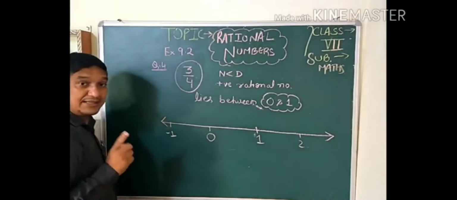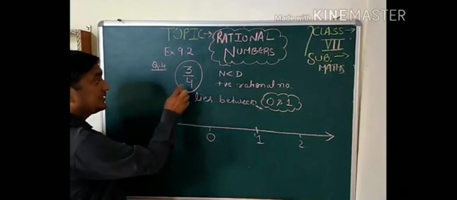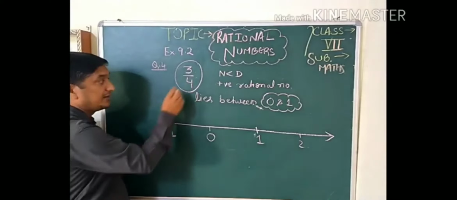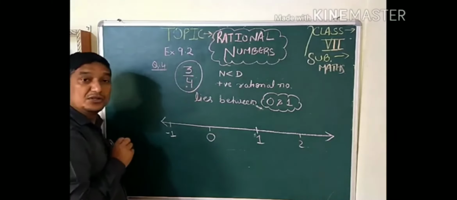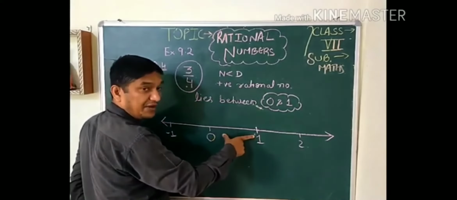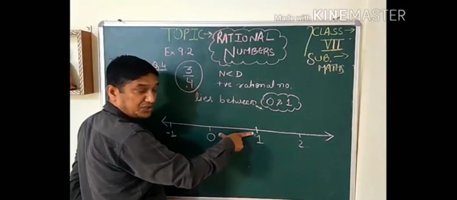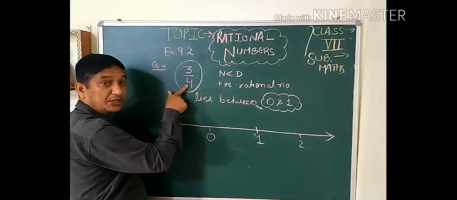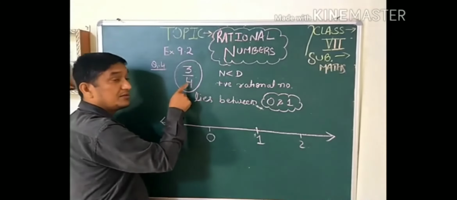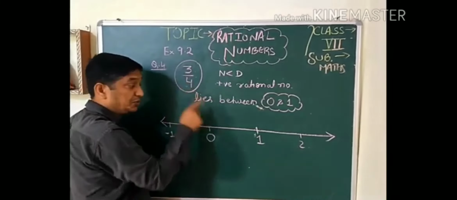Now children, next step is what? You have to look at the denominator. Denominator here is 4. So children, you have to divide this portion between 0 and 1 into as many equal parts as the number given in the denominator.